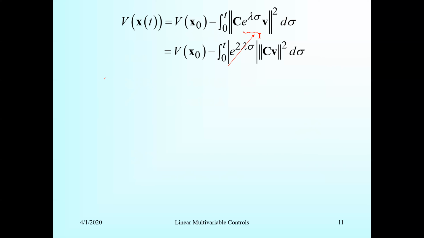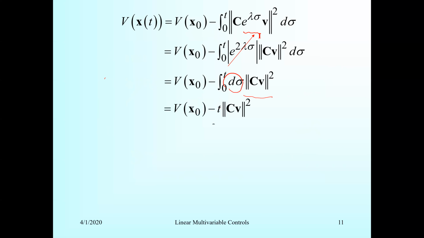And you have C times V in here, okay? So then you come out with C times V is still the same. So you integrate, so you have this integration here. In other words, you are getting a T in here, times this.